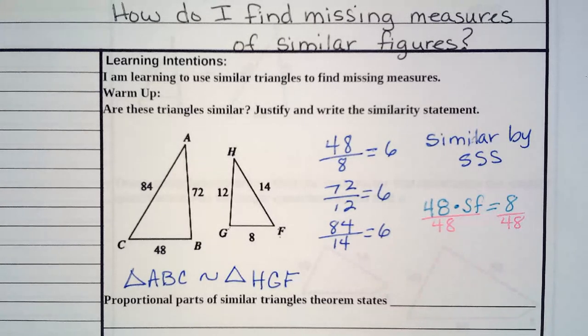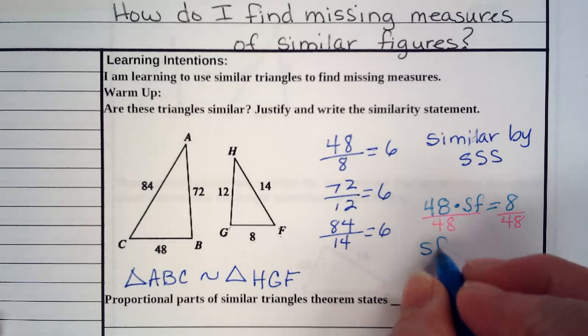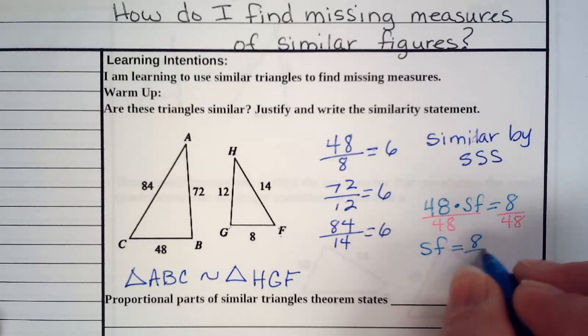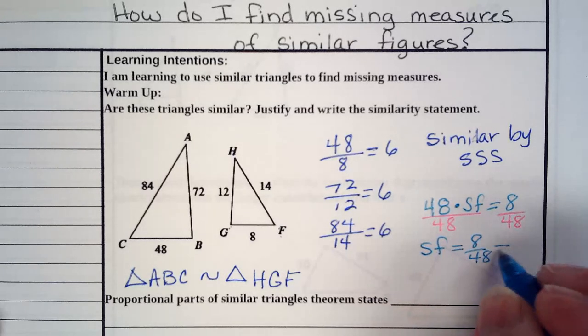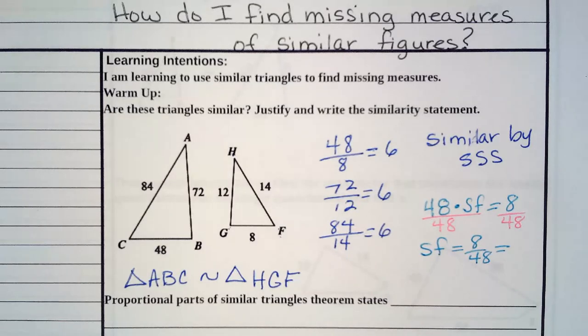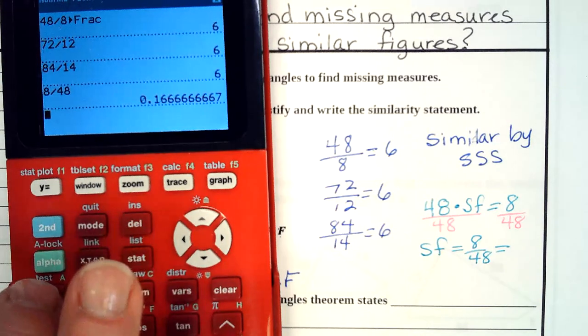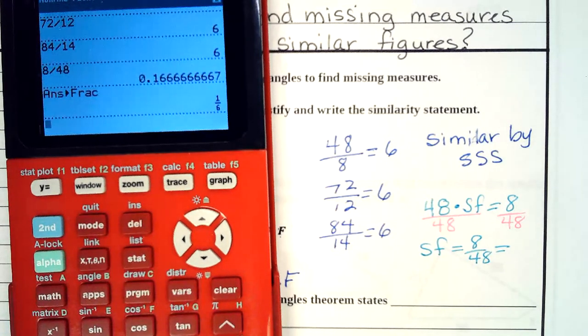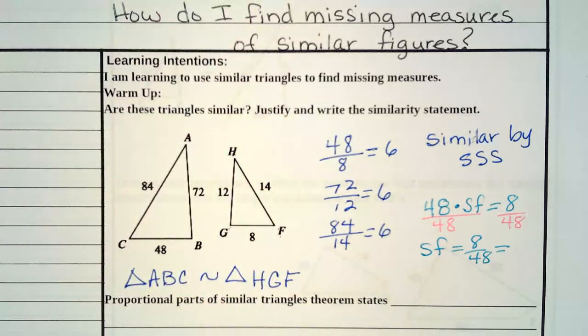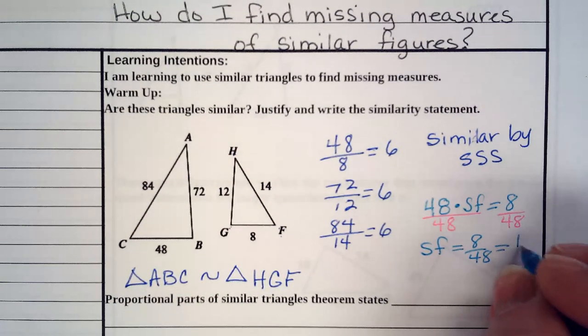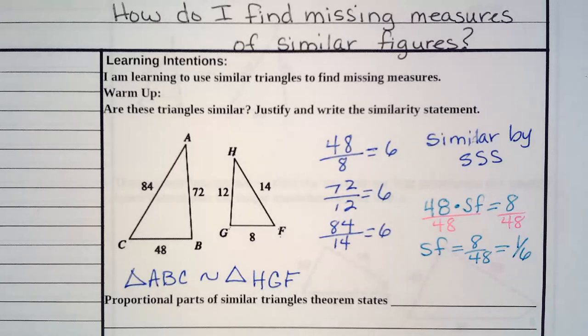My scale factor is 8 over 48, which simplifies down to, hit my math button, enter, enter, 1 over 6. So any side that I multiply by 1 over 6 from the first triangle will give me the length of the corresponding side on the second triangle.